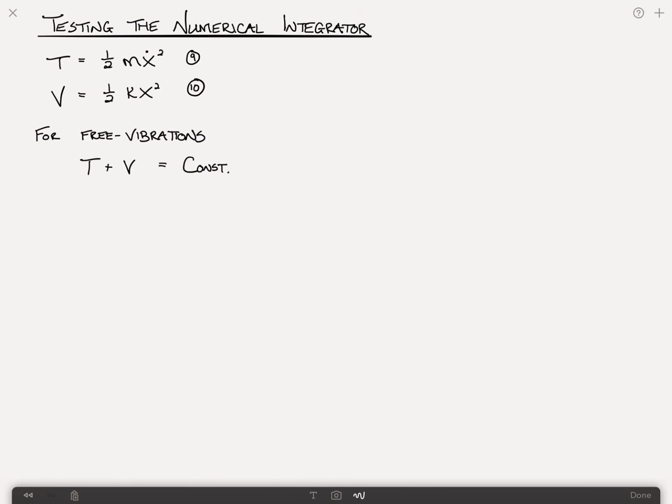Either there's a displacement, or there's a velocity initially, or both, in which case it has kinetic and/or potential energy. And whatever that initial total energy is, kinetic plus potential energy, should be preserved. So we'll call this a consistency check, and we will add this in the next video when I implement this in Python.